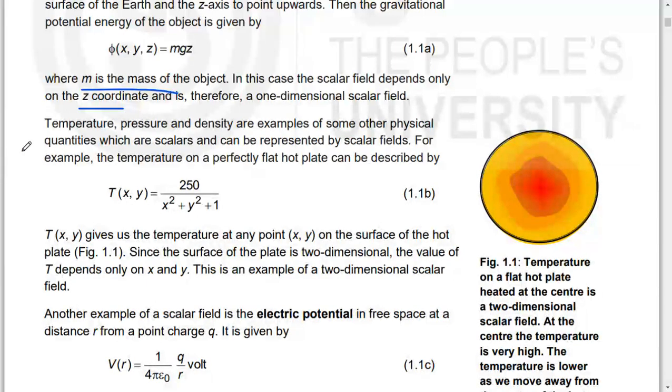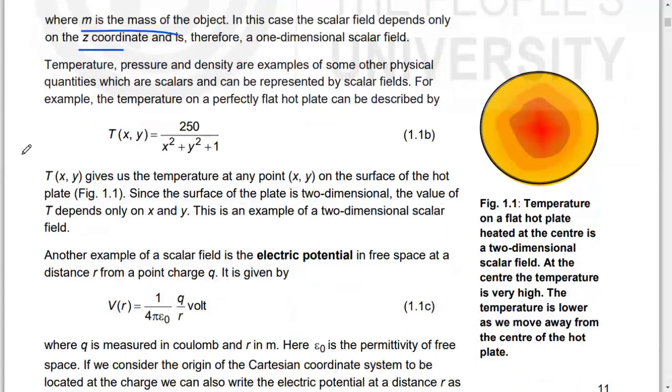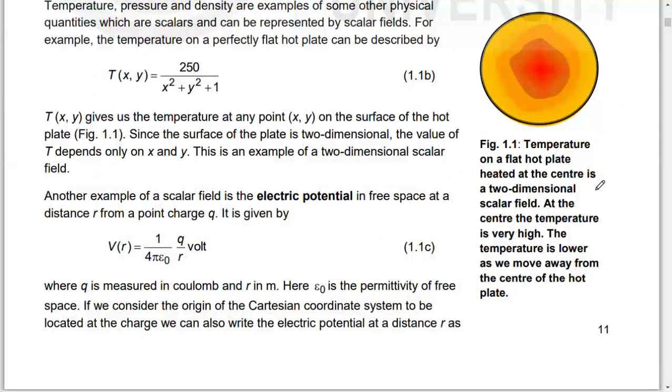Temperature, pressure, and density are examples of some other physical quantities which are scalars and can be represented by scalar fields. For example, the temperature on a perfectly flat hot plate can be described by T(x, y) = 250 / (x² + y² + 1). Temperature on a flat hot plate heated at the center is a two-dimensional scalar field.